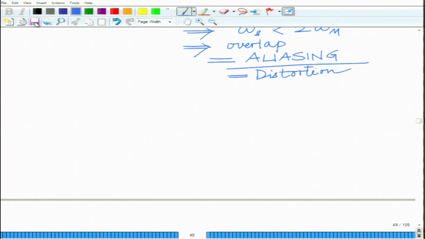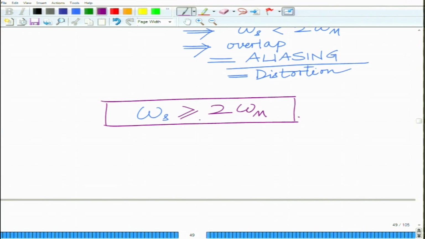And this criterion for no aliasing is termed as the Nyquist sampling theorem or the Nyquist criterion for no aliasing. So, for no aliasing, we need omega s greater than or equal to 2 omega m. This is the criterion that we need for no distortion.